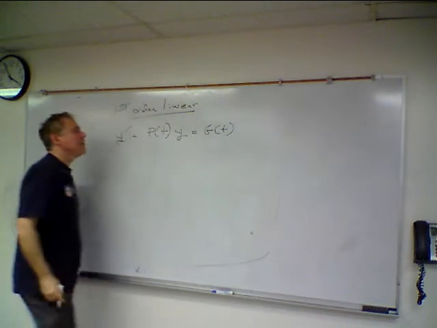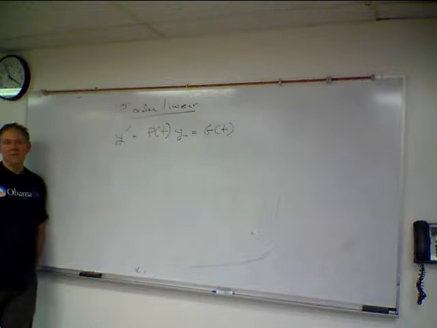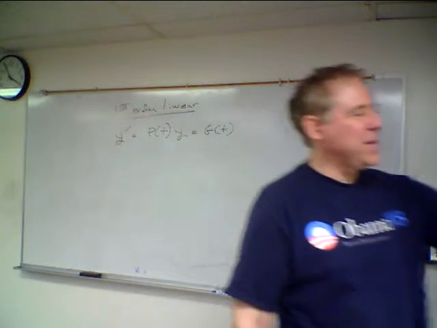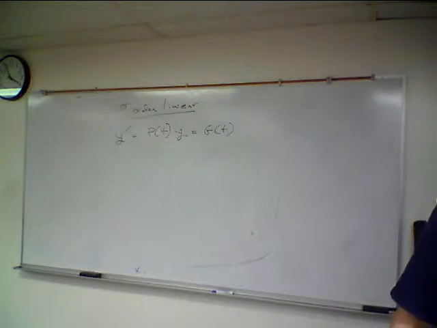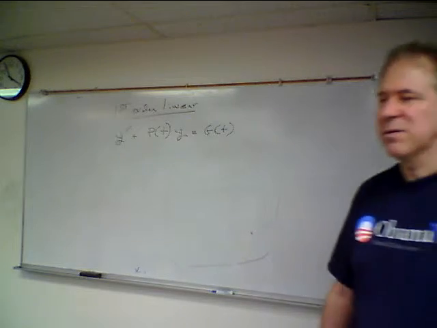Okay, so this is a first order linear. And that's what we have here. We've got the derivative dq dt. We've got some function of t times q itself, and then we've got some function. This happens to be a constant, but it could be any function.